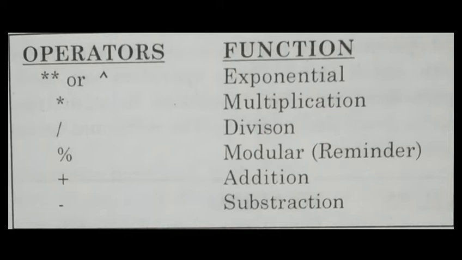I mean to say, I already told you that the operators are exponent, character asterisk caret, then multiplication, then division, percentage, plus, minus, etc., like this. Okay. Our next operator is the relational operators.